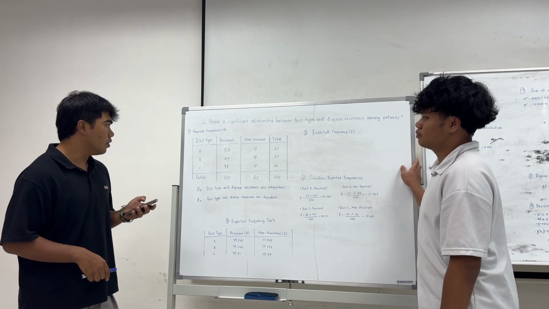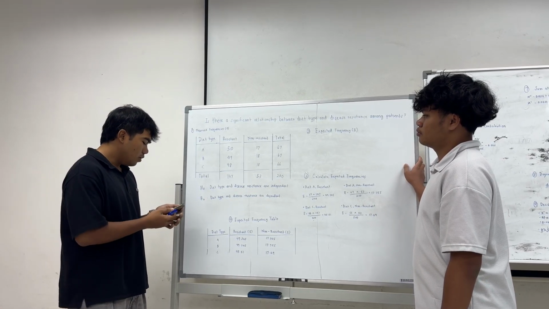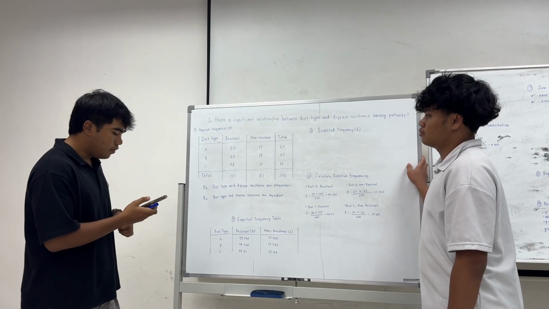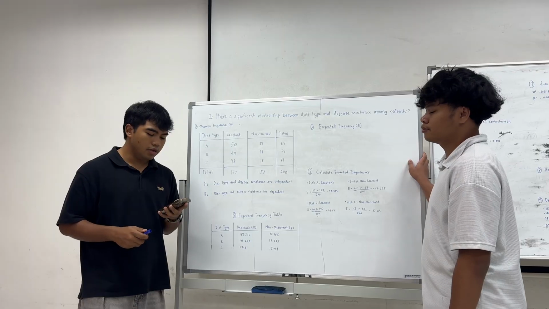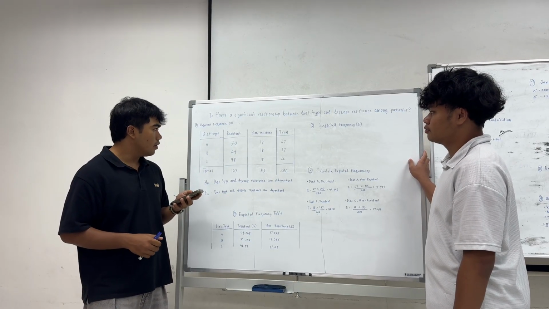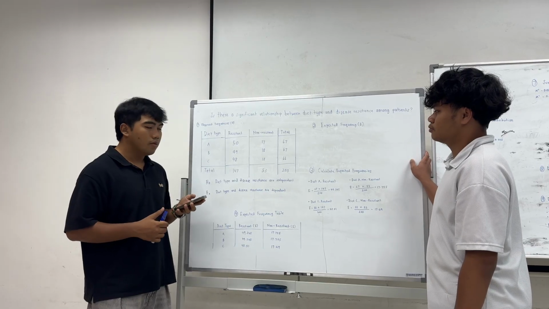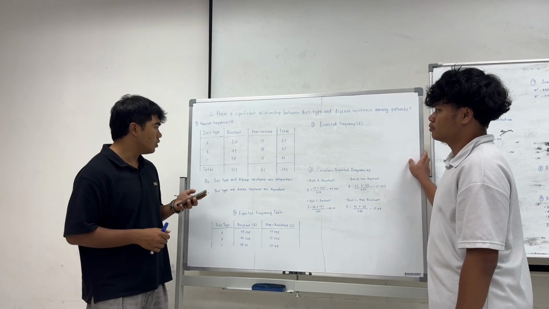Now let's move on to step 1, observed frequencies. Observed frequencies are the actual number of patients recorded in each category, taken directly from the dataset. After summarizing the data using Microsoft Excel, we obtain the following joint frequency distribution table.